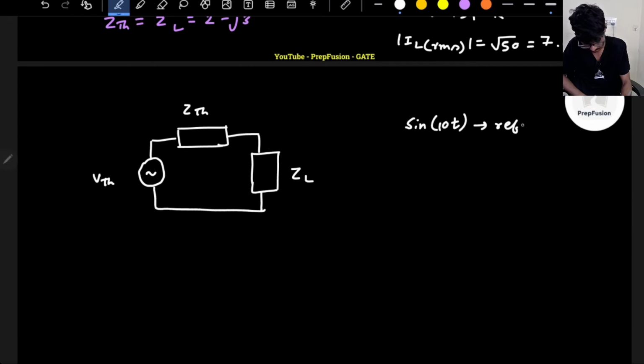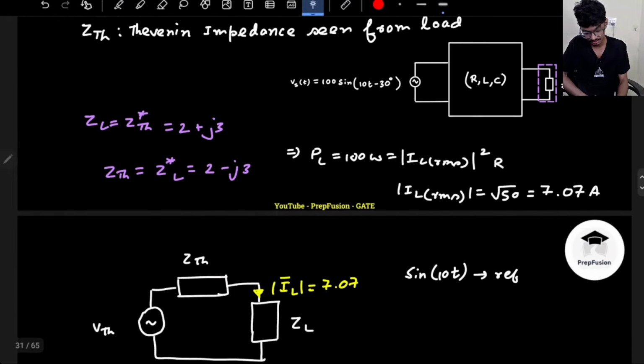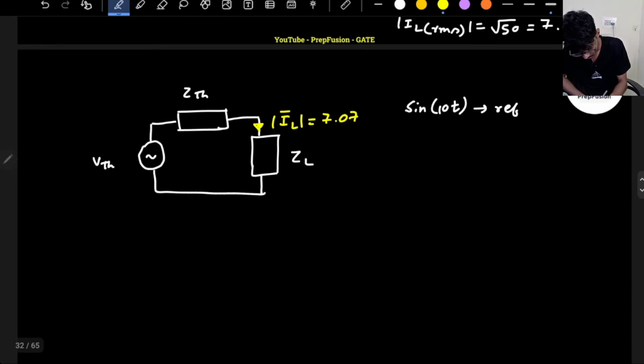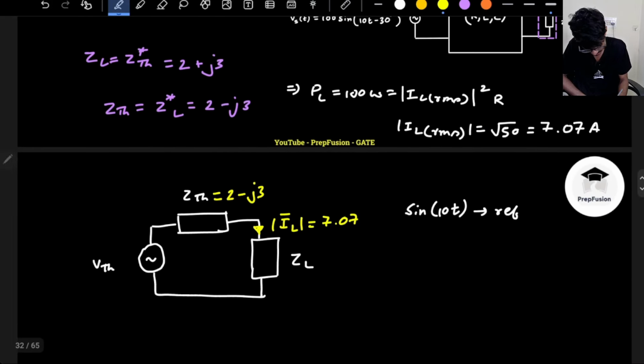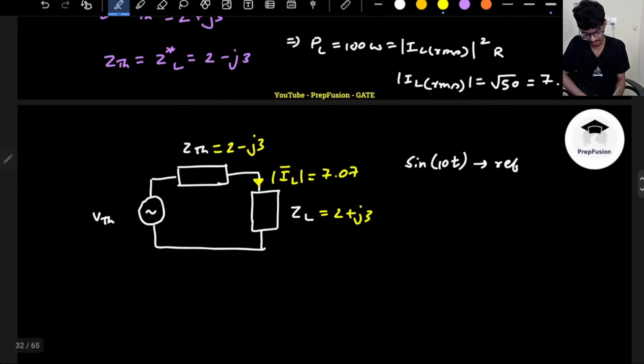I know the current through this circuit: the RMS magnitude of the current, IL magnitude, is 7.07 amperes. And ZL equals ZTH whole conjugate. My ZTH is 2 minus J3 and ZL is 2 plus J3. So basically it behaves as a purely resistive circuit.